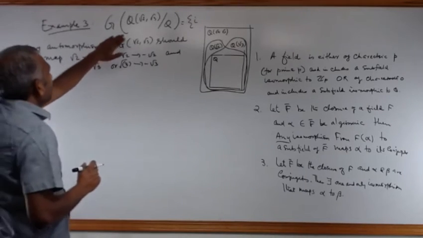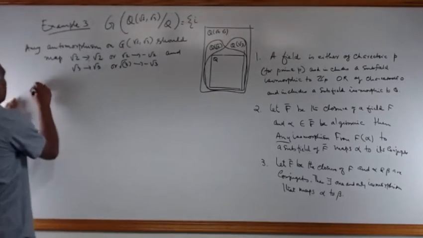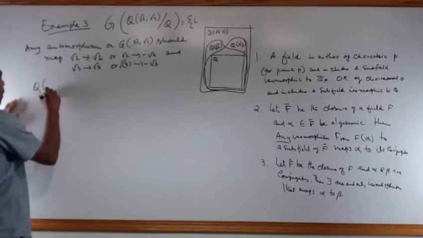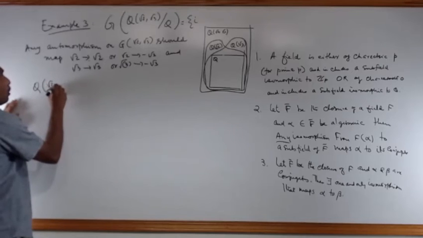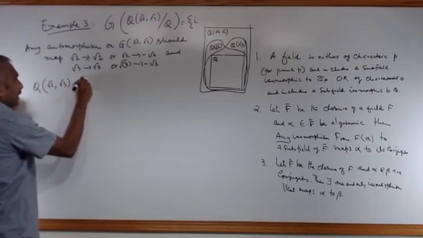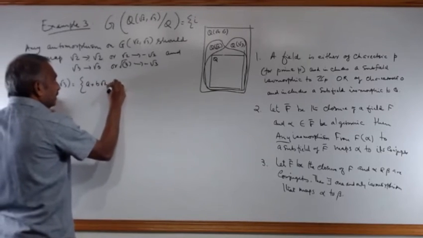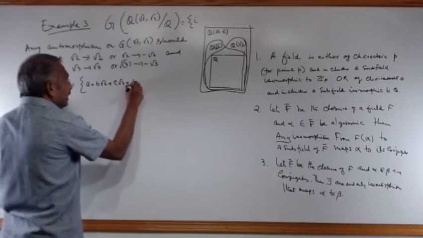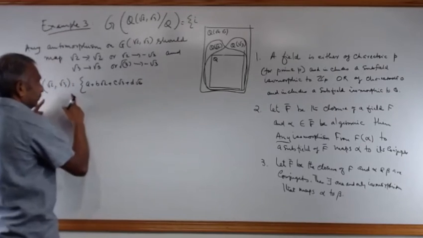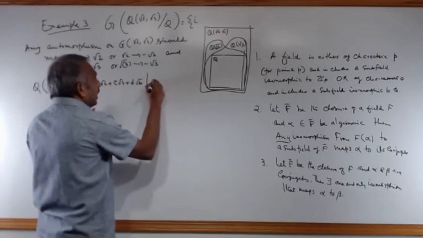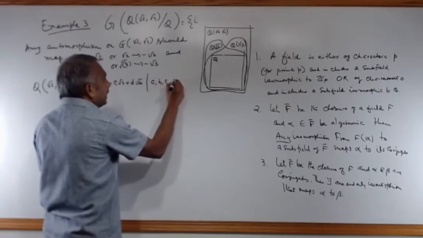So what are the elements of this? Q of root 2 comma root 3 is equal to a plus b root 2 plus c root 3 plus d root 6, where a, b, c, d belong to Q.